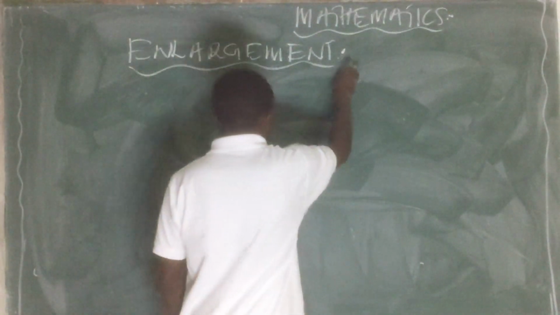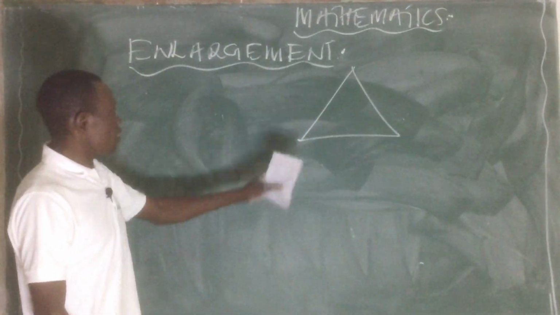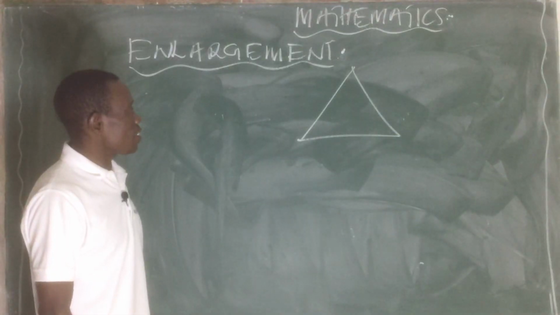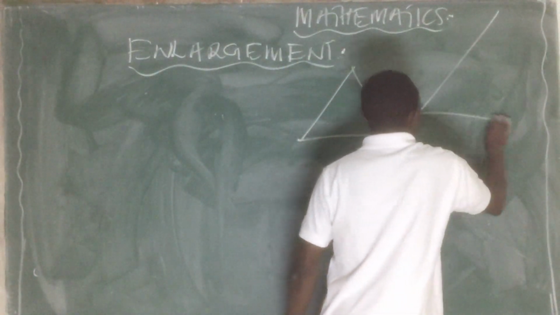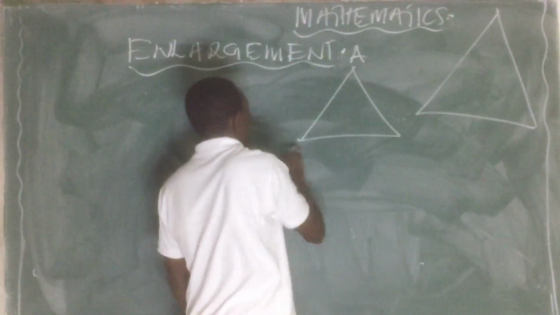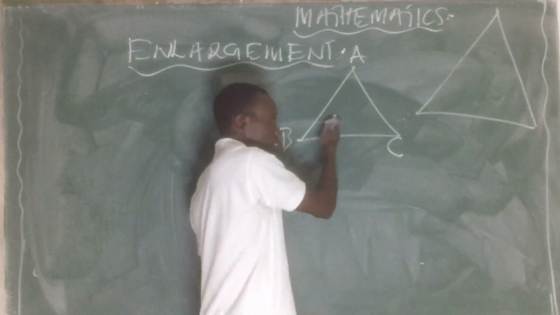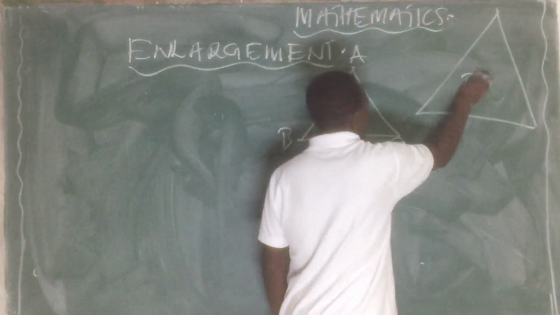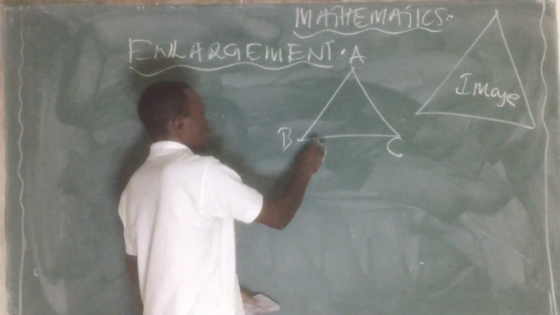Say, for example, a triangle. If we enlarge this triangle by increasing its size, just by sketch, we should expect something a little bit huge like that. So I may have triangle ABC here, and if this is the result of enlarging it, we would find this one as an image, while the initial triangle is defined as the object.